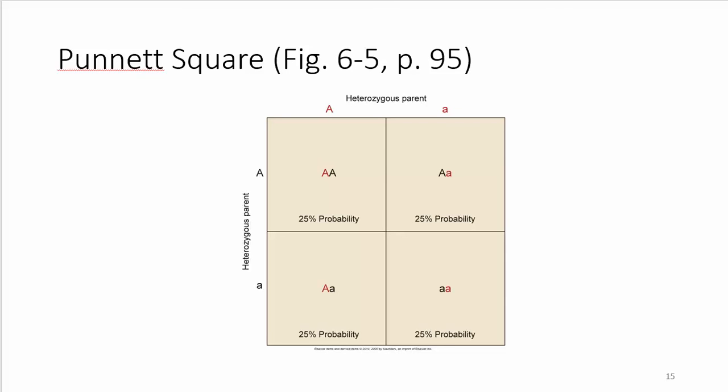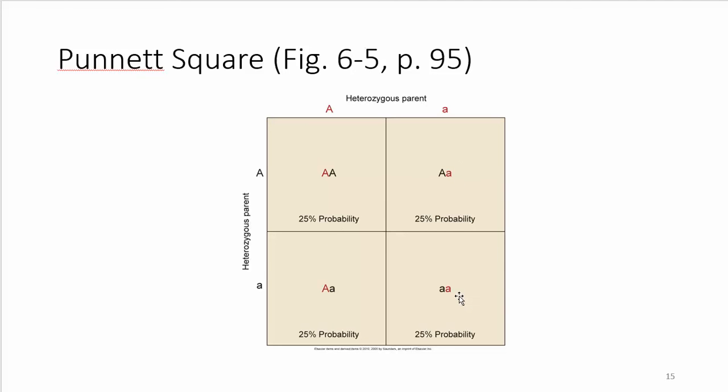Now, if one of the parents was heterozygous, up here, A, small a, and this parent was homozygous, capital A, then we would get this one, capital A, this one, capital A, right? And so that would be 50% probability of a homozygous dominant, and this would be capital A, small a.